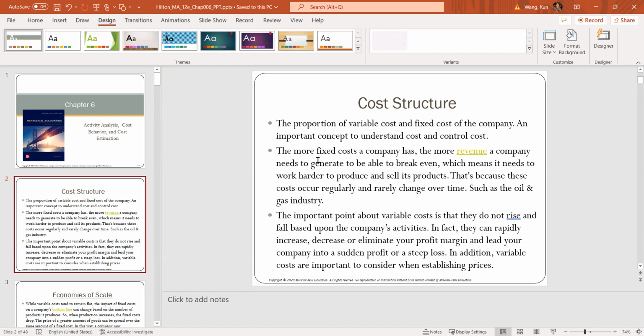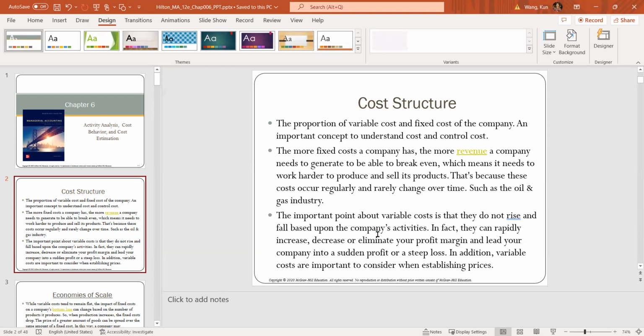If you have lots of fixed cost, in this type of company the profit will be very sensitive to the change of your revenue. If your revenue increases or decreases by a small portion, the profit can change a lot, maybe 10 times the change of your revenue. We'll learn the reasons later.